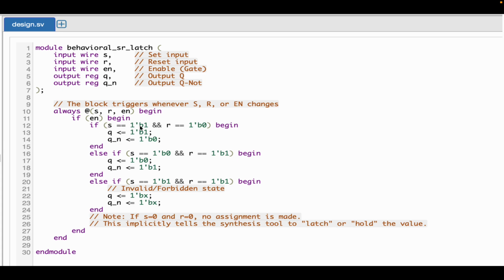If S is 1'b1, that is if S input is 1 and R input is 0, our Q will be 1 and Q bar will be 1'b0. Else if S is equal to 0 and R equal to 1, your Q will be 0 and Q bar equals 1. And another condition is, if S is equal to 1 and R is equal to 1, this is an invalid state. That means it will give an X. And here we are ending our code with an endmodule.